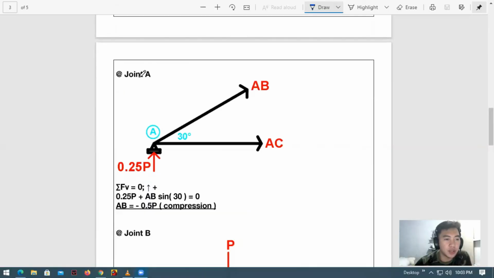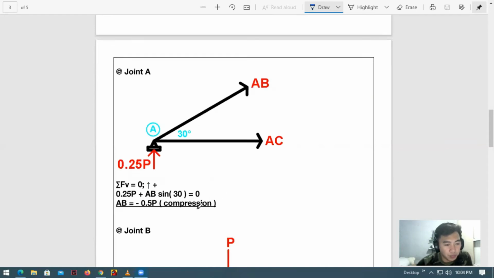Here at joint A, we are going to get the value of AB using summation of vertical forces equal to 0. We get negative 0.5 P, and since it is negative, we assume it is in compression.